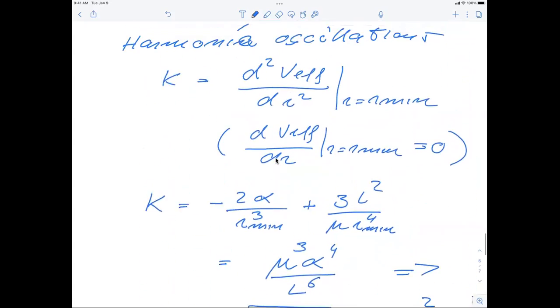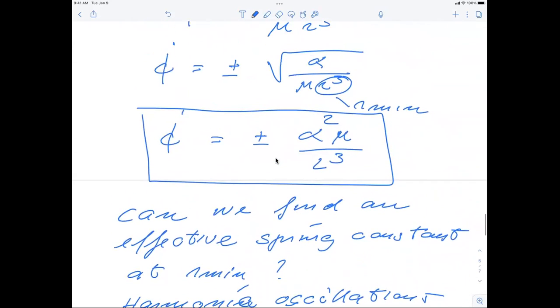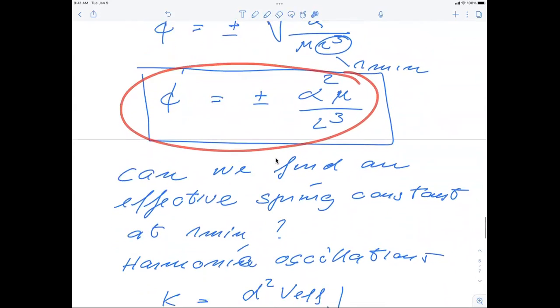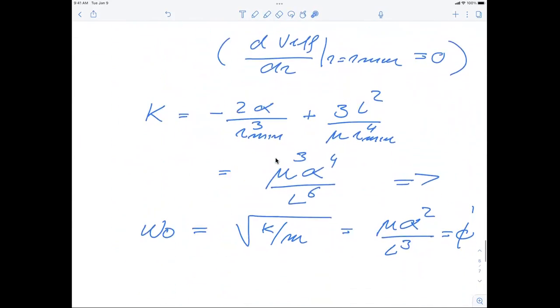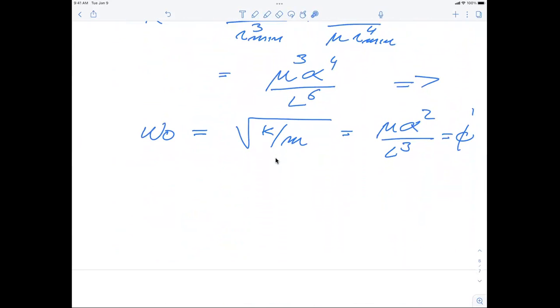So this is our expression for phi dot. When I take the Taylor expansion of the potential and stop at second order, I find that this angular frequency is the same as the angular velocity here, the derivative of phi with respect to t.